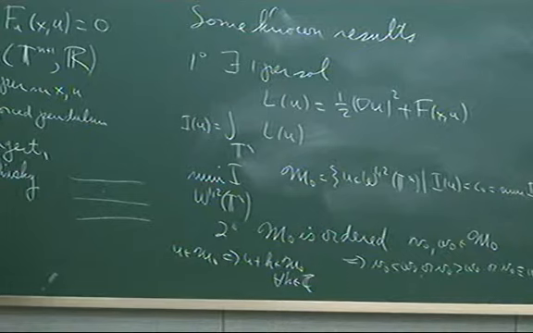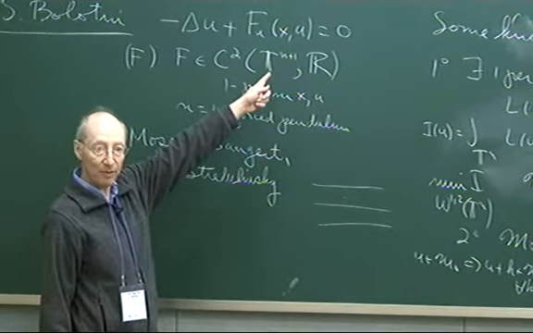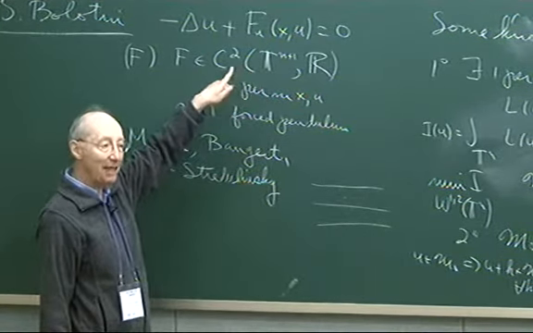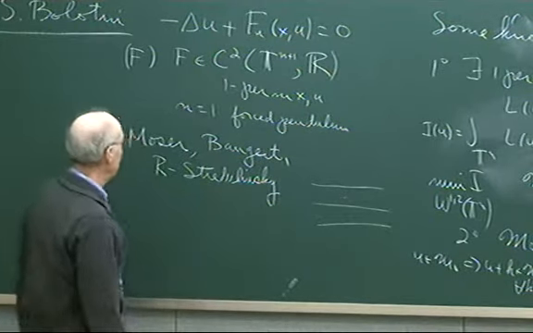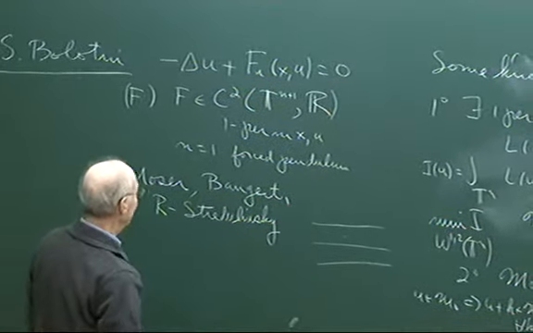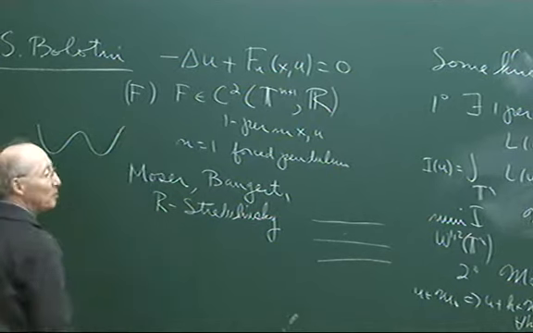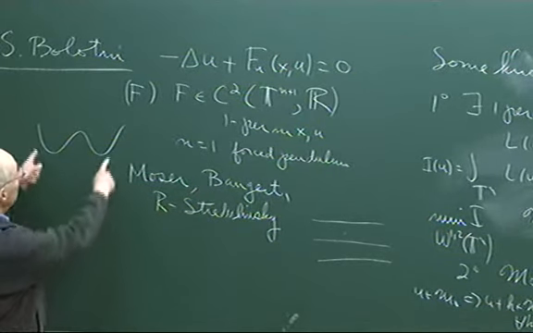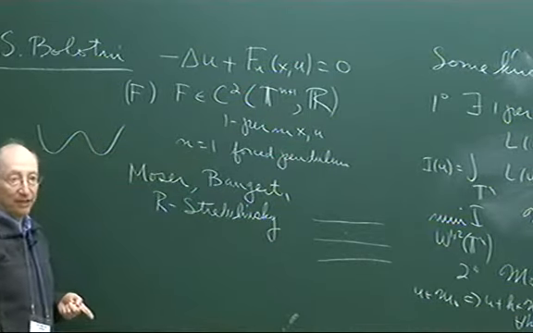By the way, I should have mentioned that Spreadlinski and I got into this not by looking at this problem, but looking at some Allen-Kahn models of phase transitions. And there, F is very different. F corresponds to a double well potential, which looks very different from a periodic F here.